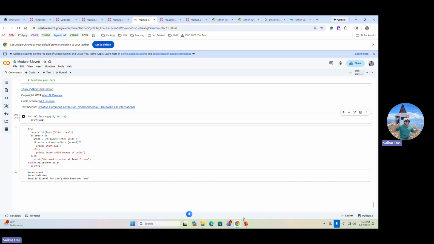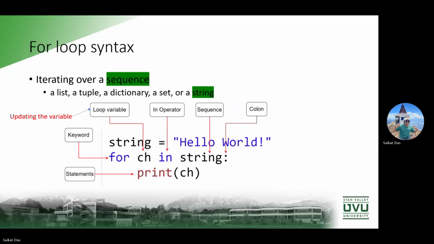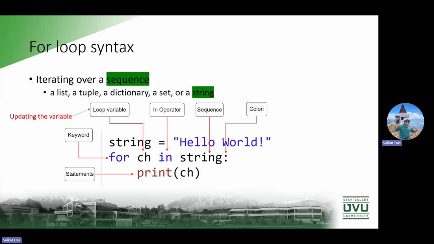Okay, so this is the for loop. Same thing for the while loop. So what are the key things in a loop? The keyword, which could be for or while. Then there should be a loop variable, and an in operator for the for loop, but for the while loop we're not using the in operator. There should be a sequence and the statement.